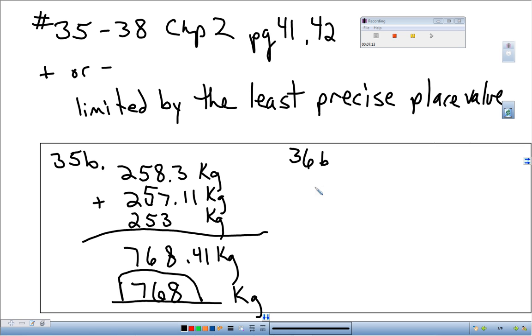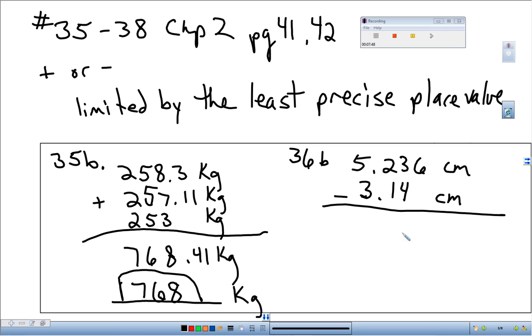Let's do 36B: 5.236 minus pi, 3.14. Although pi would keep going. Pi being a known number, like a given, it would be infinite. You would never let it limit your sig figs. Does that make sense? They didn't say pi, they said 3.14, which is close to pi.